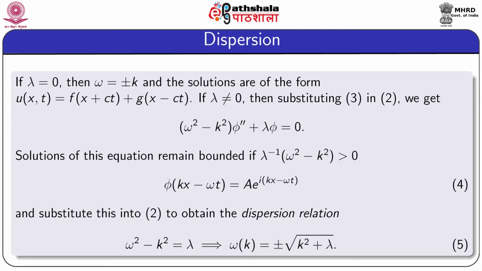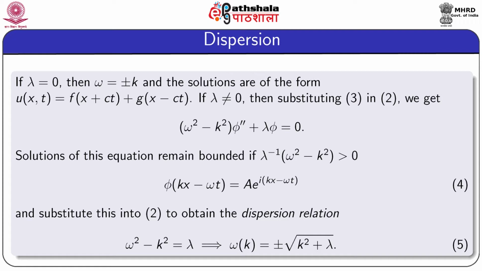Now, the solution of this equation can be obtained easily, but if we want a bounded solution, then λ/(ω² − k²) should be a positive number. So, for that case, the solution can be written in a simple form, which is given in equation number 4.